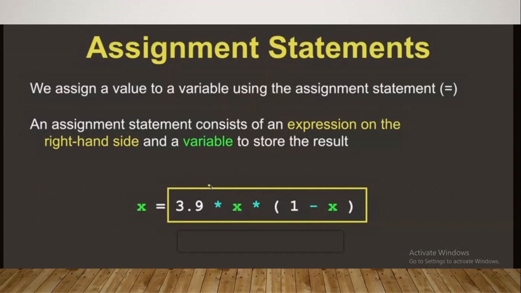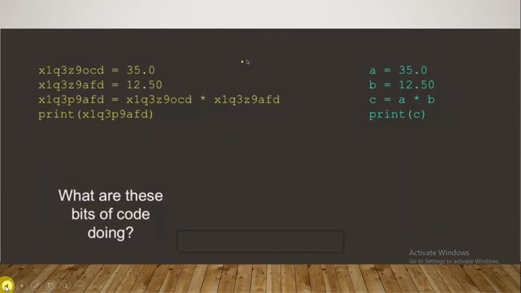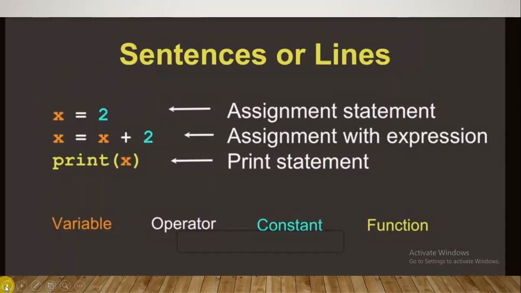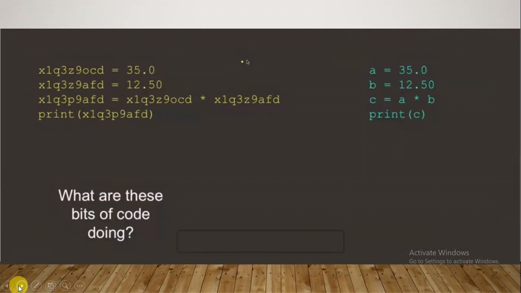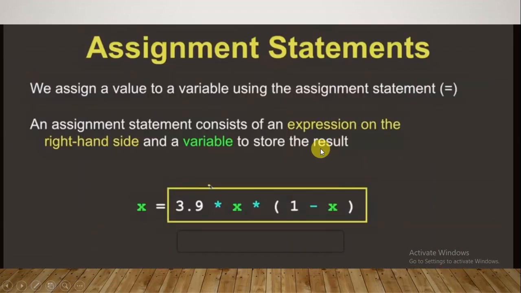If you do some expression there, as we discussed in the previous slide, with the assignment with expression, we just have an expression and we are assigning it to the variable again. So this is what happens with the assignment statement.